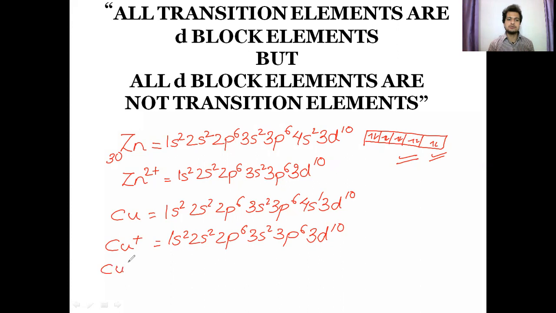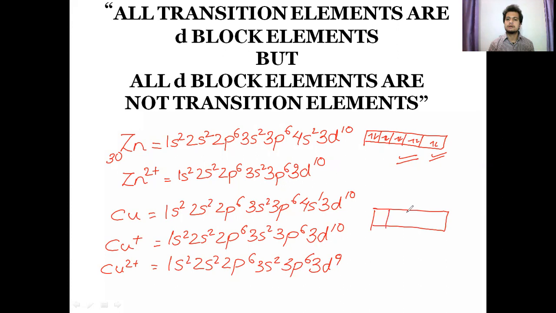But copper has another oxidation state, it has Cu2+ also. If I write the configuration, that is 1s2, 2s2, 2p6, 3s2, 3p6, and 3d9. One I have to remove from 4s1, another one I am removing from d. So as a result, now I have 3d9. Now 3d9, if I draw it, what I'll get is 1, 2, 3, 4, 5, 6, 7, 8, and 9.